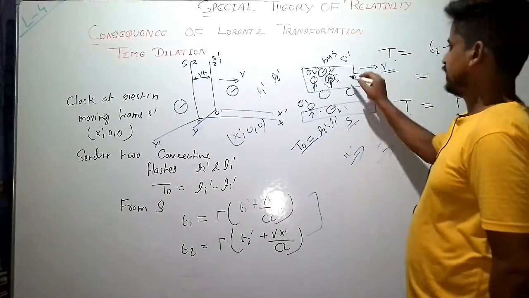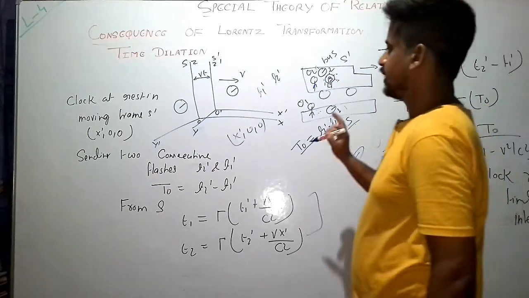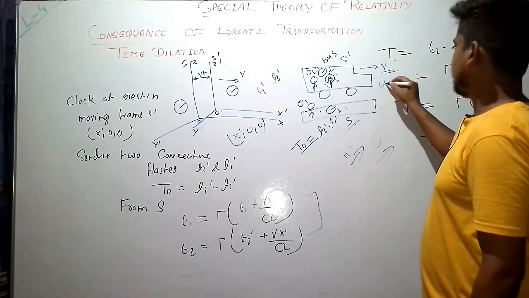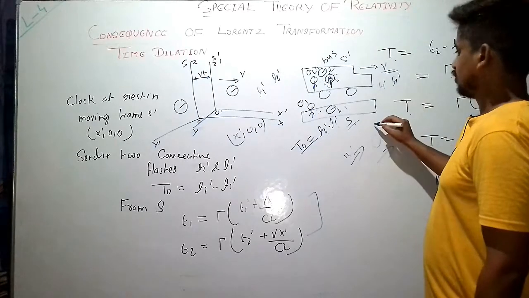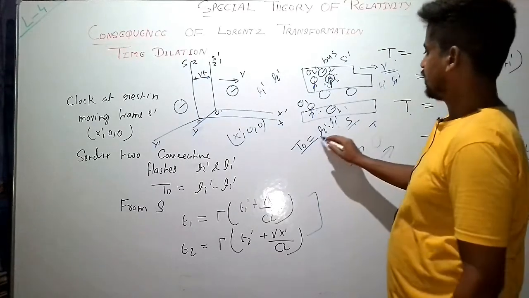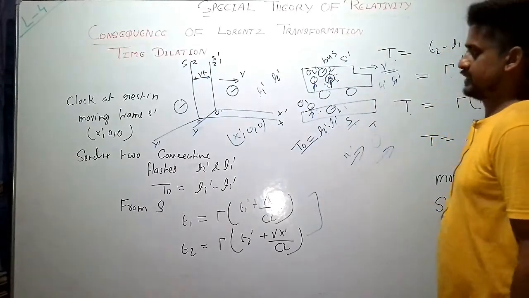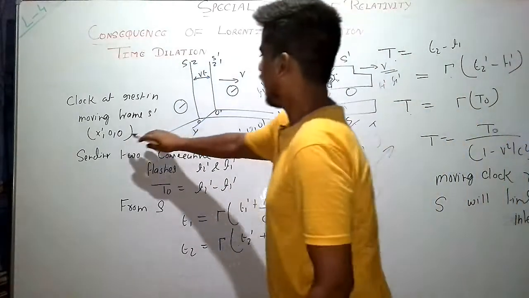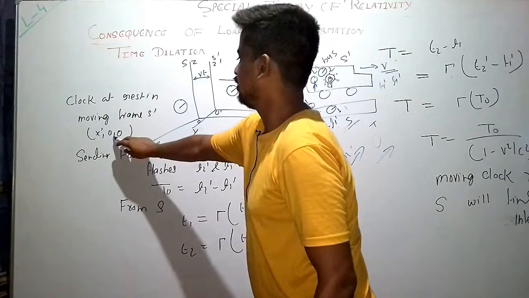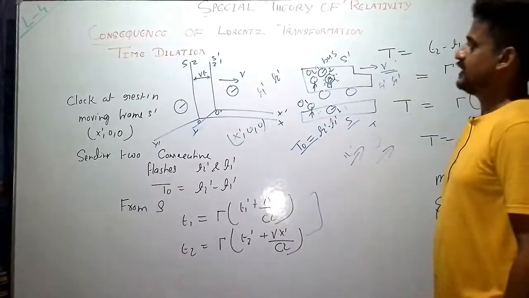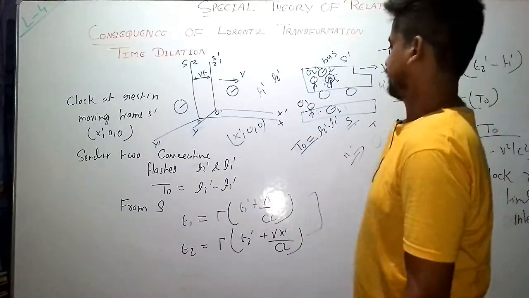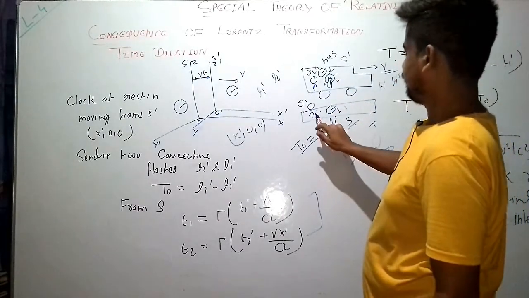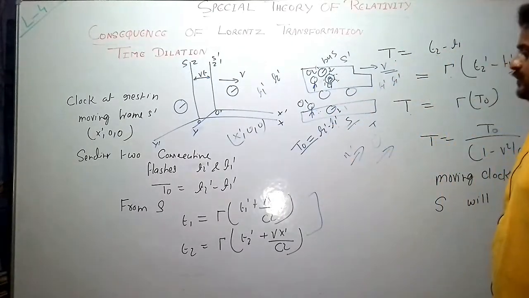Observer O2, in the moving bus, sends two consecutive flashlights at times t1 dash and t2 dash. So the time interval will be T0 equal to t2 dash minus t1 dash, and the position of this clock is x dash, 0, 0. This is the coordinate of the clock inside the bus, and the same events will be seen by the observer O1 on the platform.